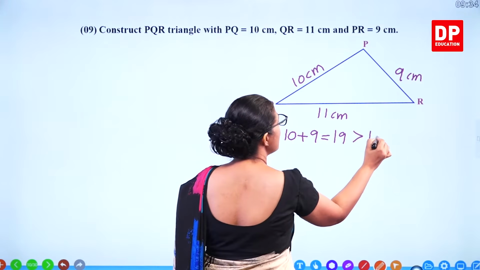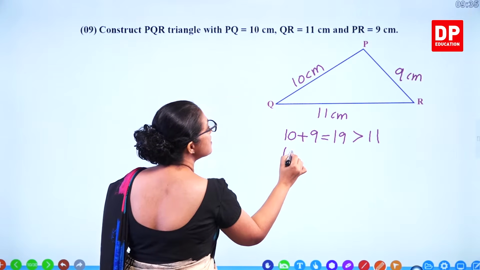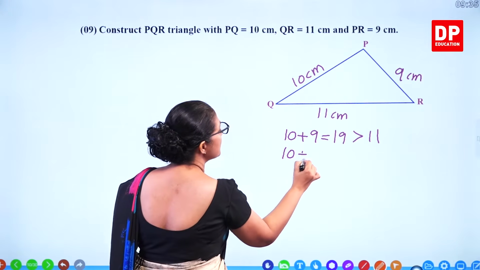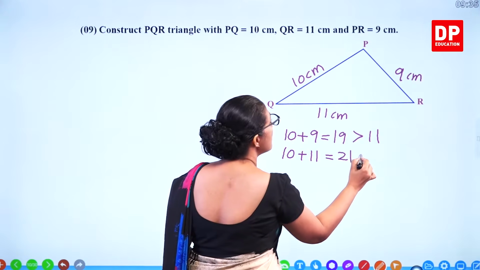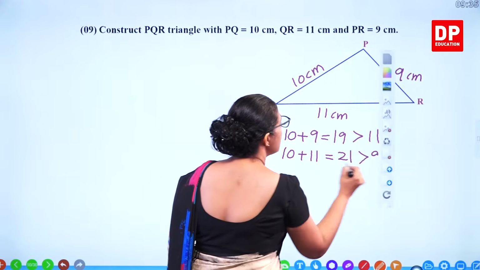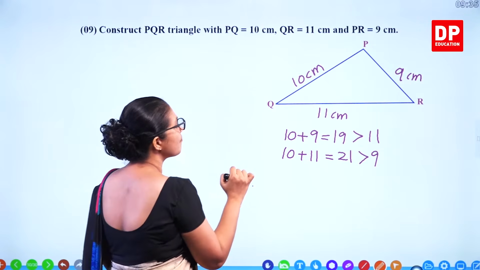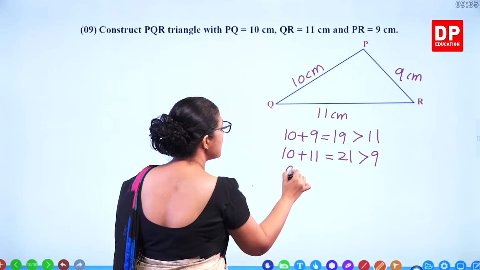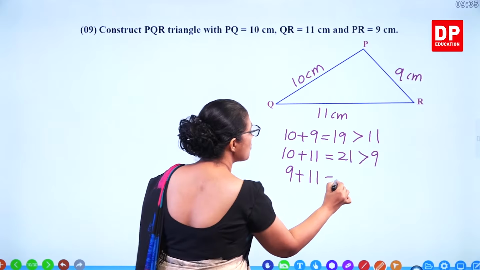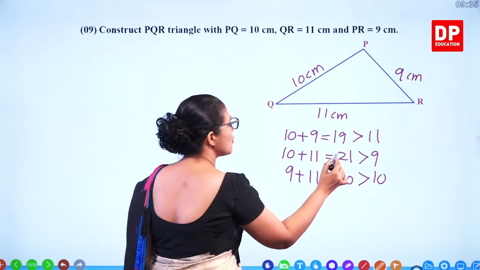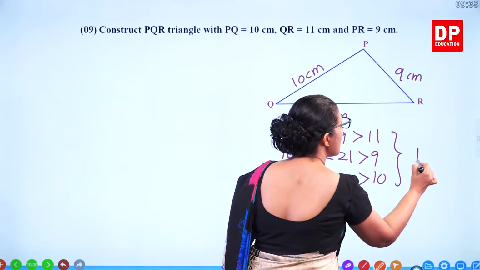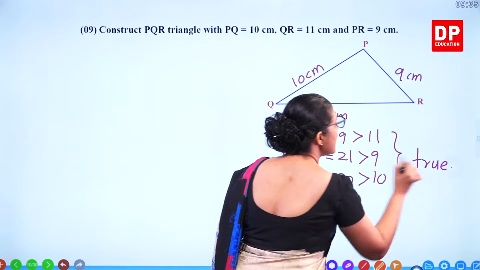That's greater than 11. Then 10 plus 11, what do you get? 21. That's greater than 9. Then 9 plus 11, that's 20. That's greater than 10. So this is true. So you can construct the scalene triangle.